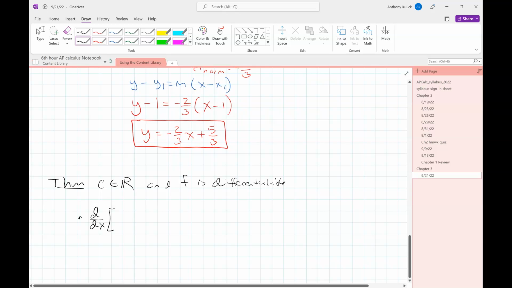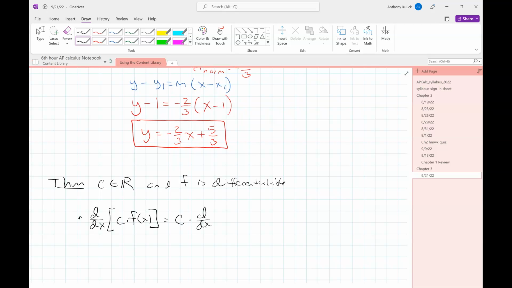The derivative of c times a function f of x is going to be c times the derivative of the function f of x. What's that really saying? We can just ignore the constants, do the derivative, and multiply the constant back on when you're done.